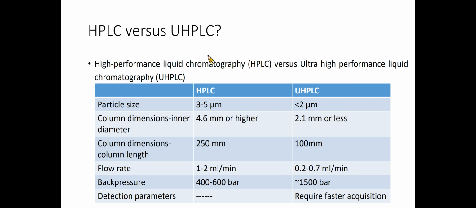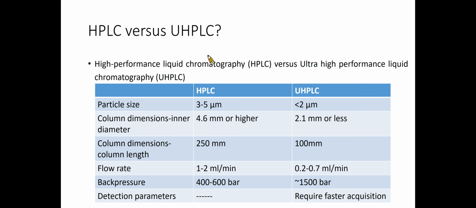In this slide, we will compare the high-performance liquid chromatography with ultra-high performance liquid chromatography. In HPLC, particle sizes of the stationary phase are typically between 3 to 5 micrometers, while the UHPLC is characterized by particles of 2 micrometers or less.